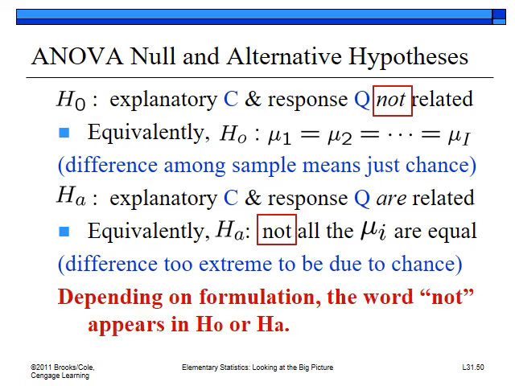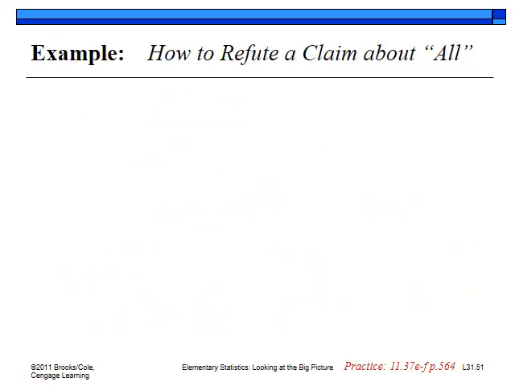Now notice that the word not can appear in the null hypothesis or in the alternative hypothesis. It depends on if we're making a statement about variables or parameters. Be very careful with these. The placement of that word not is crucially important.